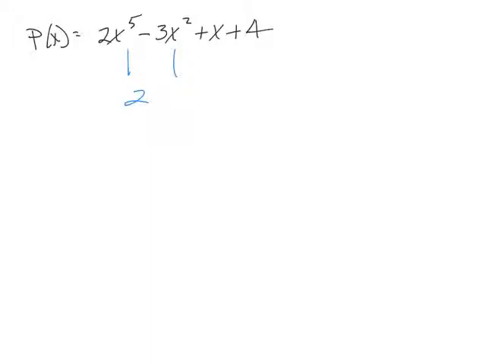Then what happens here is the number of positive real zeros is going to be the same as the number of variations, so 2, or less than this by a positive even integer.